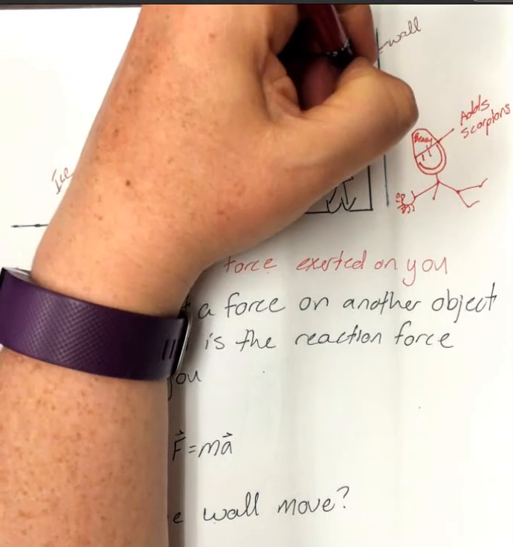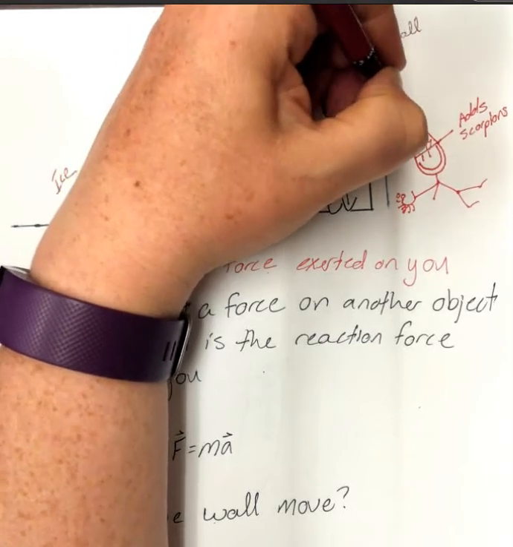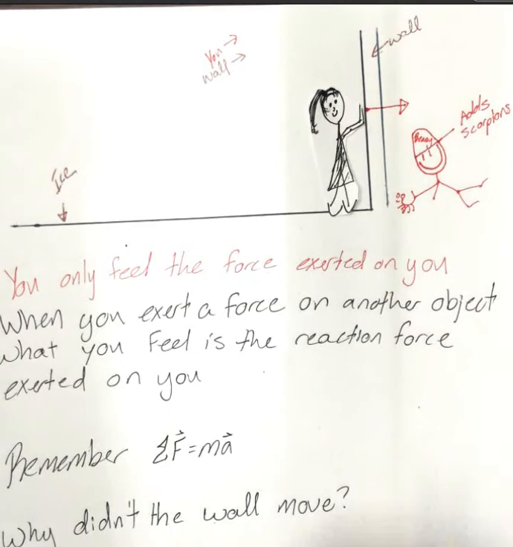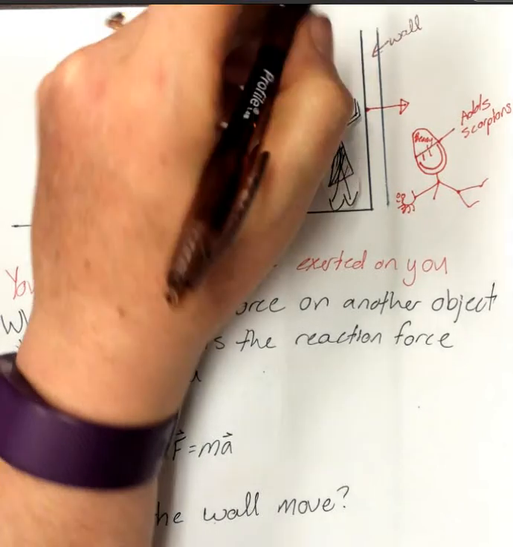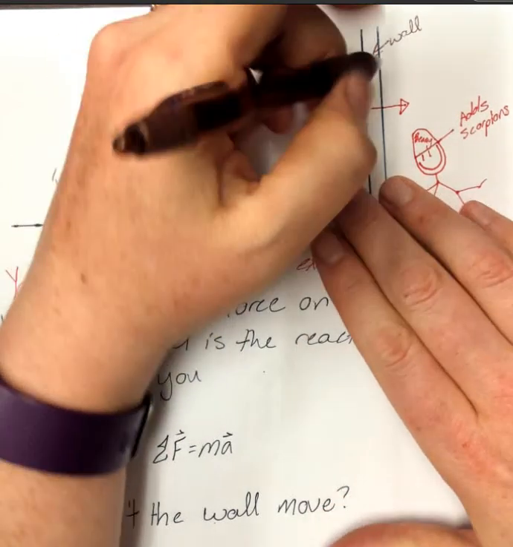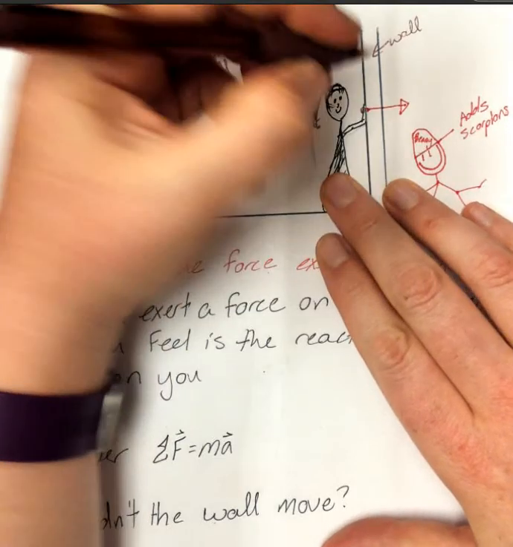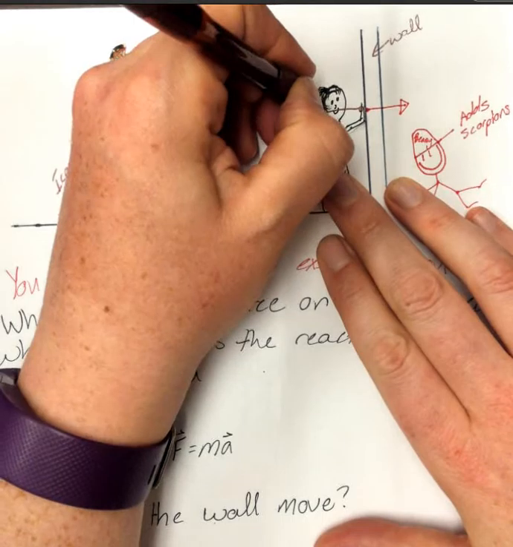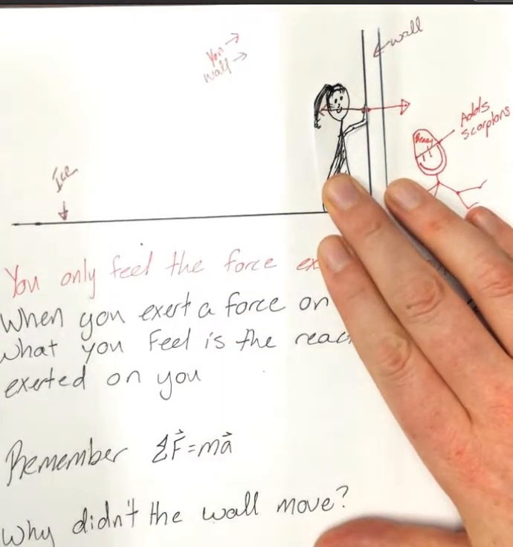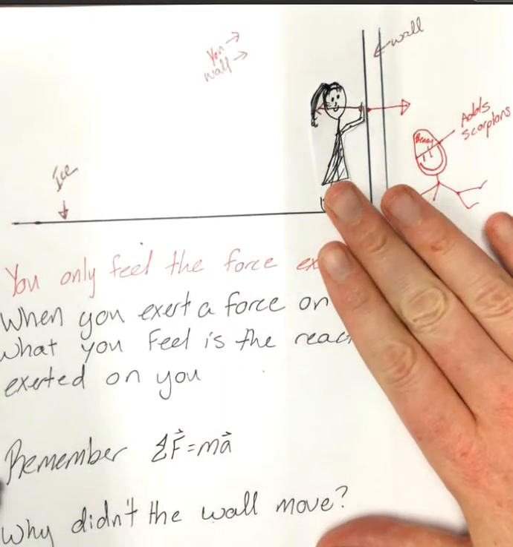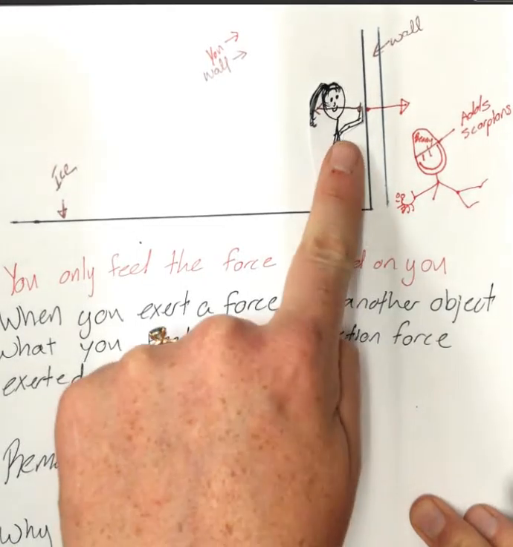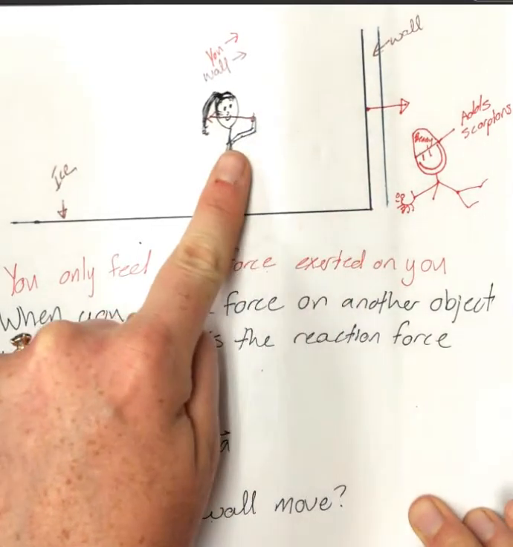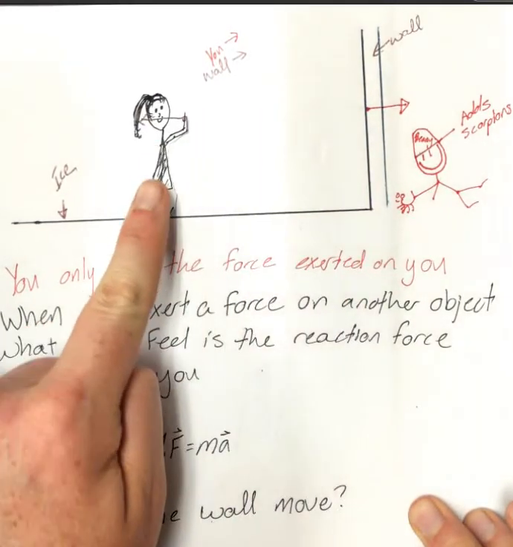You apply a force to the wall in that direction. What do you experience? You experience a force that is equal to the force that you pushed with in the opposite direction. And what's the result? You accelerate away from the wall and move away.